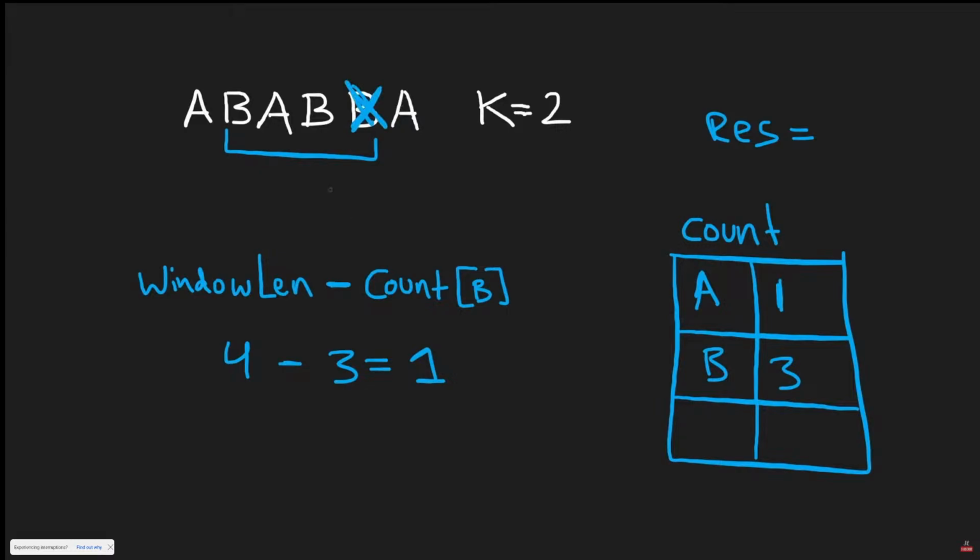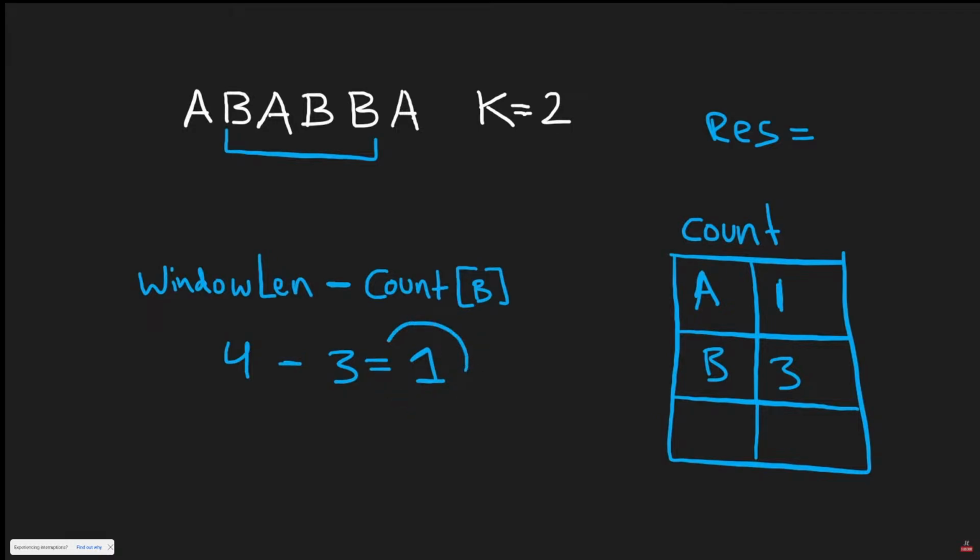It doesn't really matter what the characters are. We just know that B is the most frequent character in the window, and the other characters that are not B, like A and Z, for example, are the characters we want to replace. So we can calculate the number of characters that we want to replace just like this. And so we want to replace 1 character.